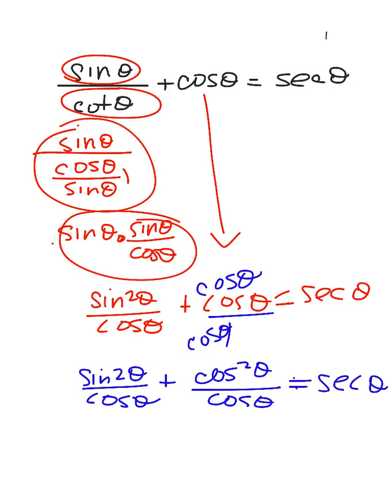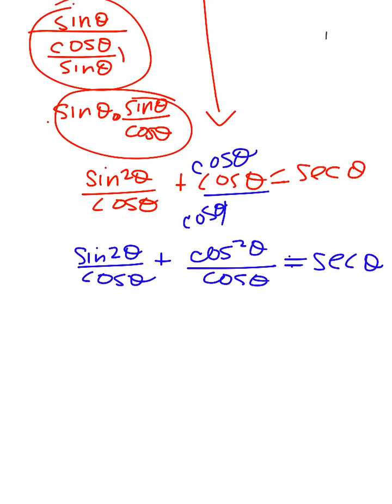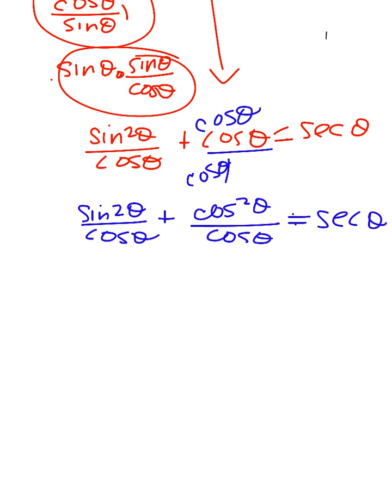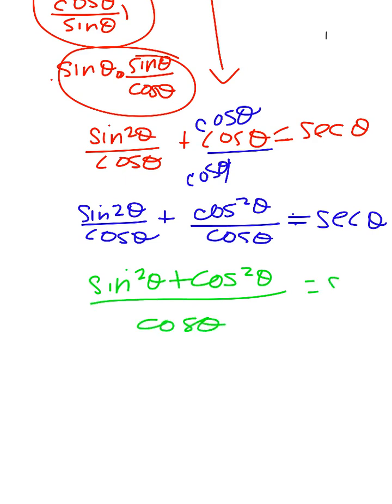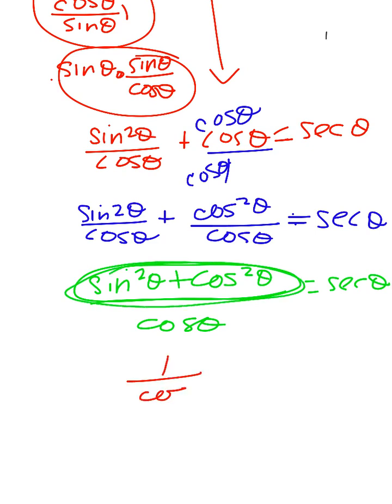So I'm going to add the numerators, keep the denominator. I have sine squared theta plus cosine squared theta over cosine theta equals secant theta. This is the Pythagorean identity, so that's going to change to 1 over cosine theta equals secant theta. 1 over cosine is the reciprocal of secant, so secant theta equals secant theta.